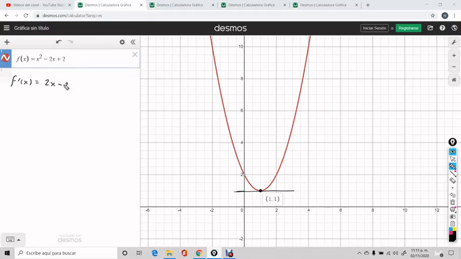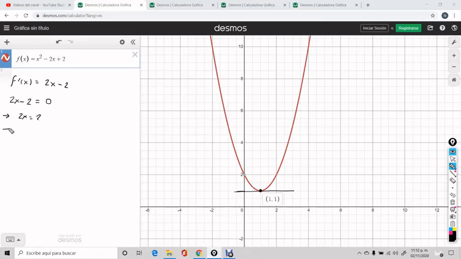You take the derivative, which is 2x minus 2, and you're going to make it equal to 0. You're asking this question: for what numbers x do I get that the slope of the tangent, which is the derivative, all of this, is equal to 0? And you proceed to answer such a question, which means solving this equation.